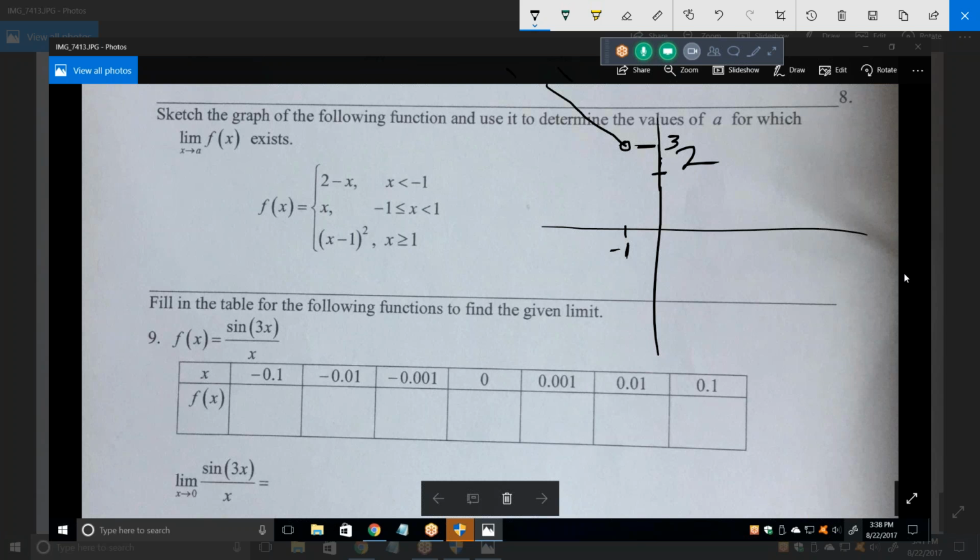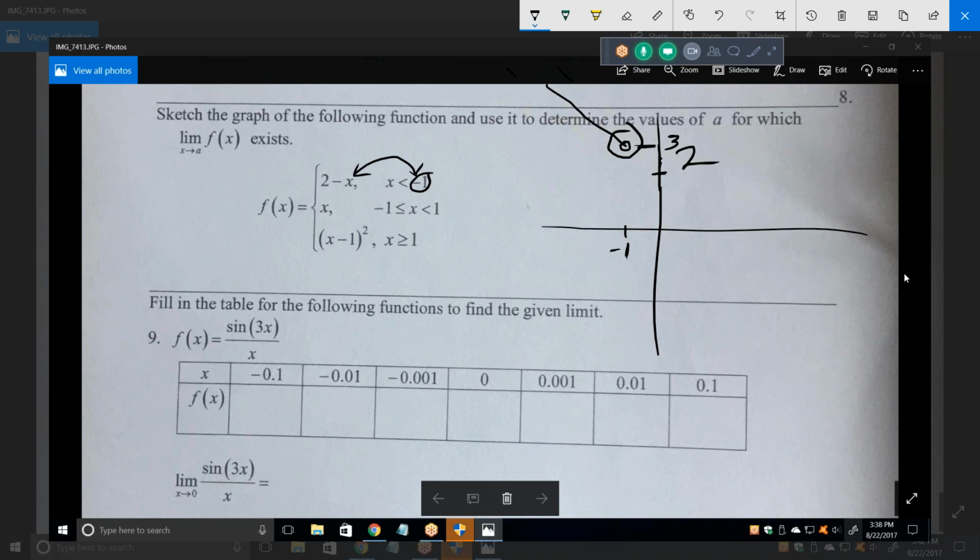The hard way was to draw the thing out like it was in y equals mx plus b format, and then erase part of it. The easiest way is just to substitute that value for x, and that's what the function equals when x is -1. Even though this thing never gets to -1, it's less than -1, you can still use that method. It's a little counterintuitive, but that's how you figure out that point right there.